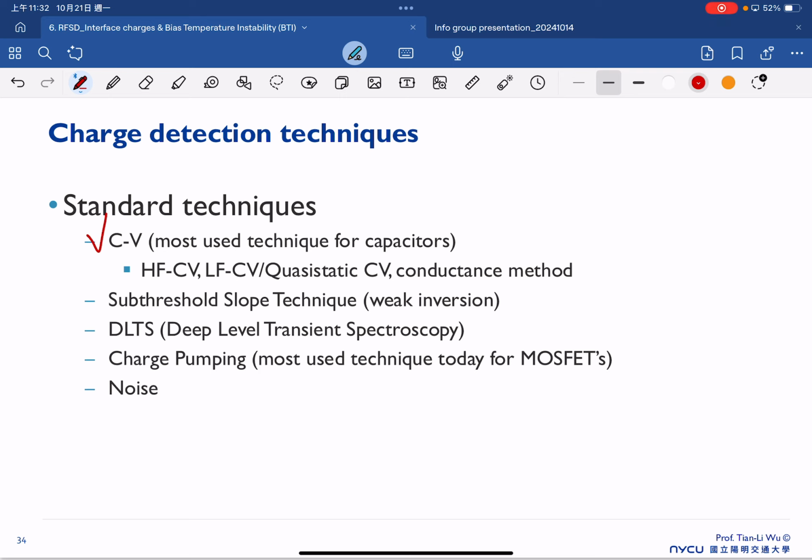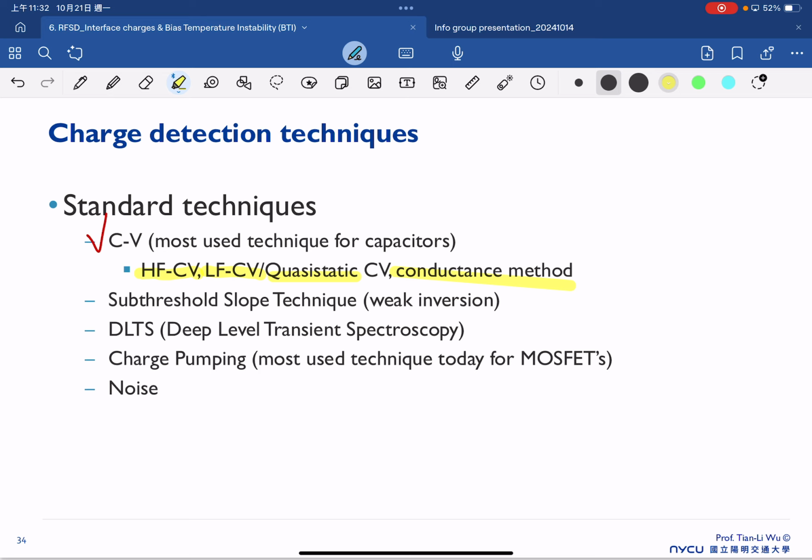So we will talk about several techniques: high frequency CV, low frequency CV, quasi-static CV, conductance method.